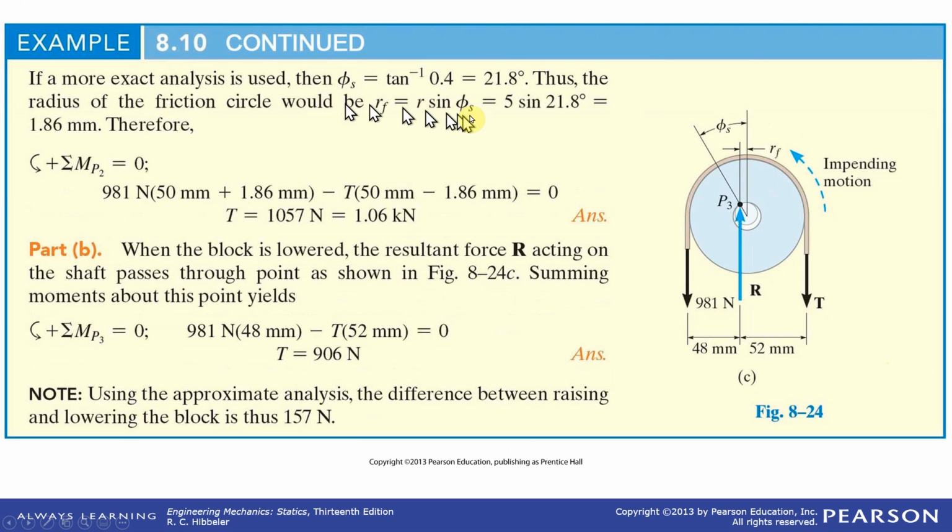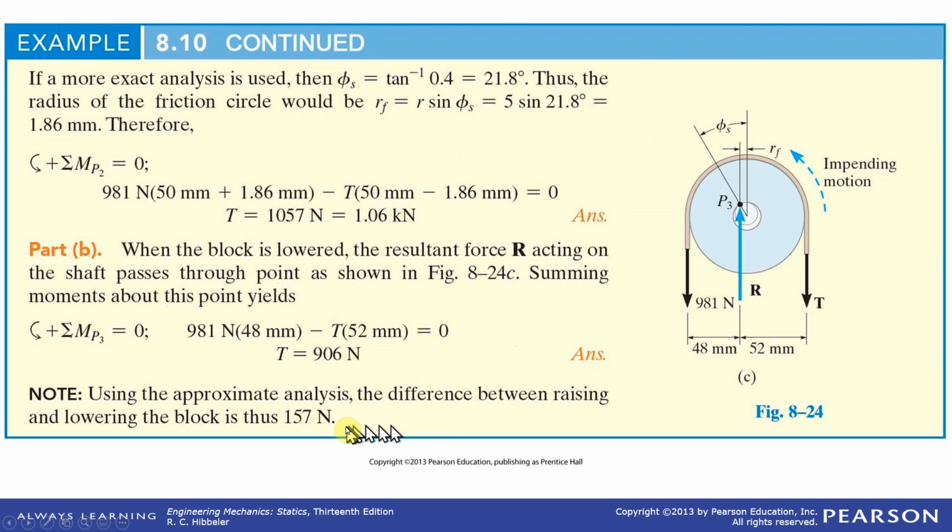More exact: here, 21.8 degrees, 1.86 millimeters. And again, instead of 2 millimeters, you use 1.86, and just get a refined motion. Now to lower it is just the opposite. You have it going in over here on this side. And the simple analysis again is this.